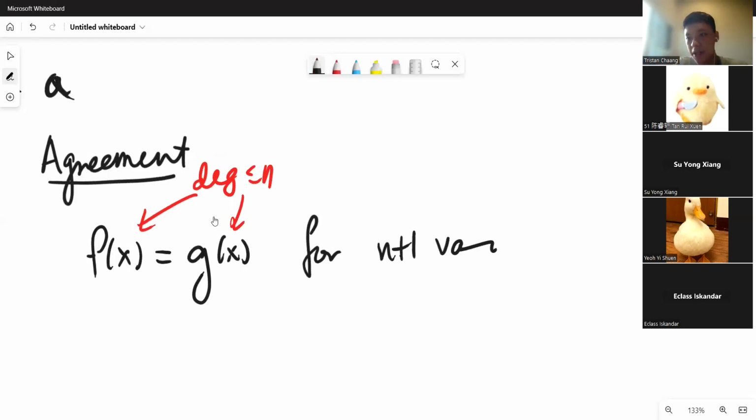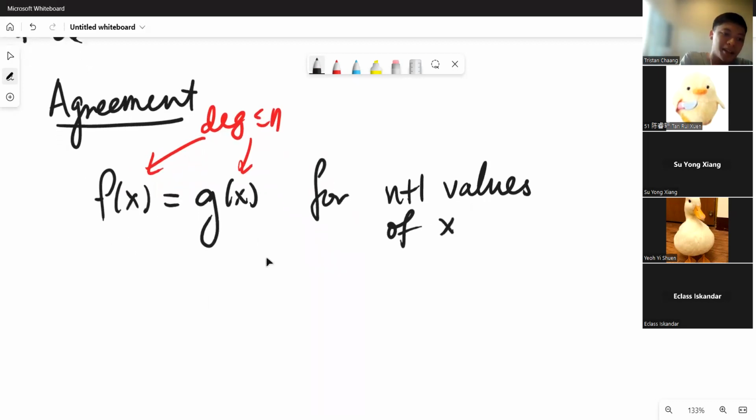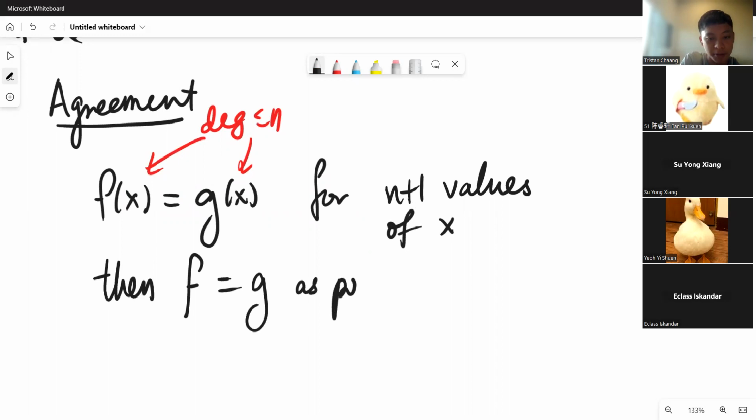But then they agree in their values for, let's say, n plus 1 values of x. So we are not given any information on the other infinite possibilities of x, just n plus 1 values. They agree. Then fx and gx are the same polynomial as polynomials.